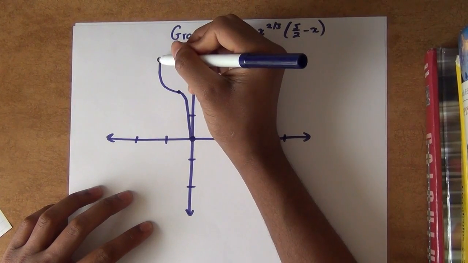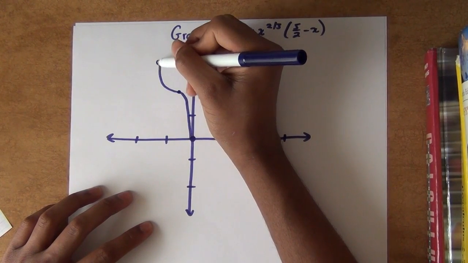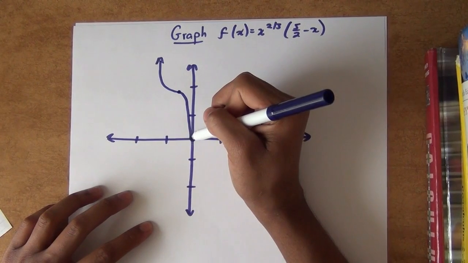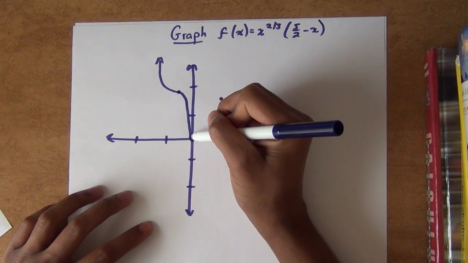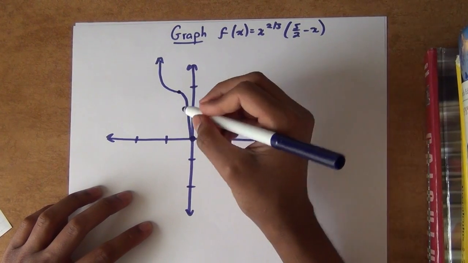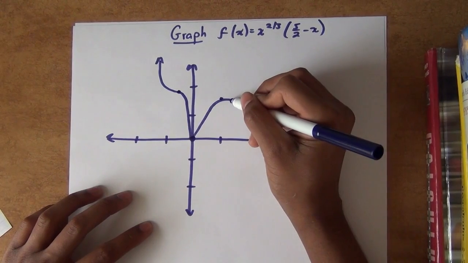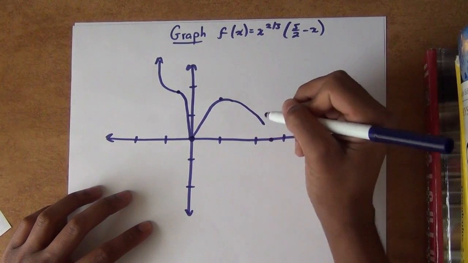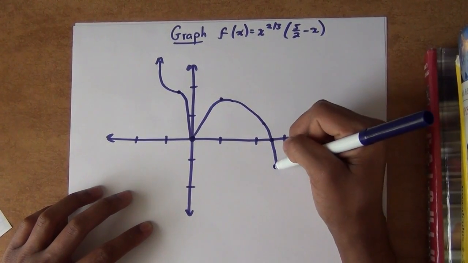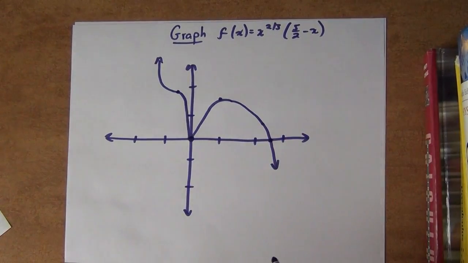Okay, so it's concave up before and concave down after. So then from there, it's concave down the rest of the way. So we reach our relative maximum there, come down to our 0 and follow through, and just put an arrow there. So that's the graph of that function.